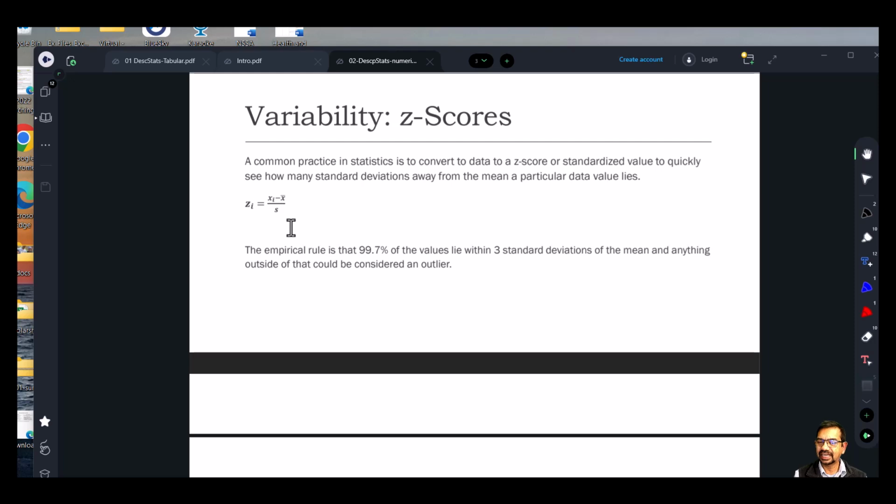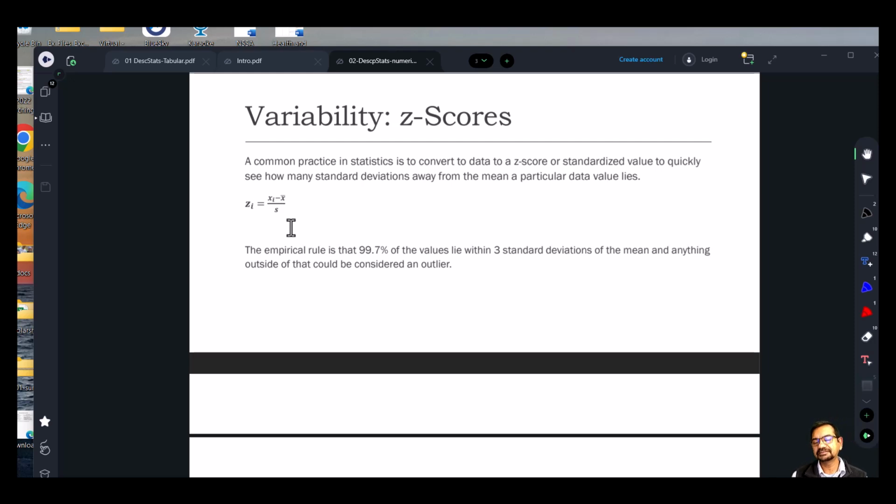So if we examine this closely, it is just telling us how far a data point is away from its mean in terms of its standard deviation.